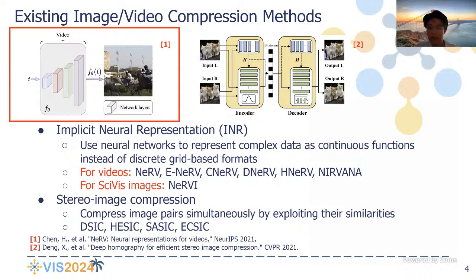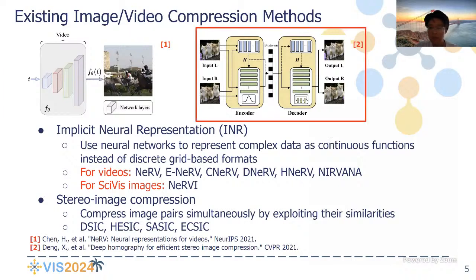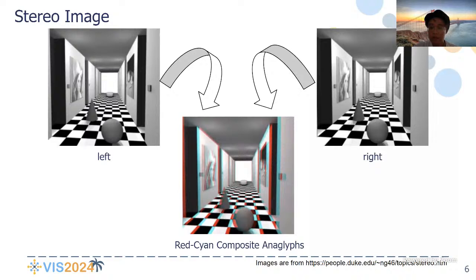On the other hand, stereo-based image compression, shown in Figure 2, compresses images simultaneously in pairs to make use of their similarities. And what are stereo images? They can be simply interpreted as images taken from slightly different viewpoints to simulate the perspective difference between the left and right eyes.